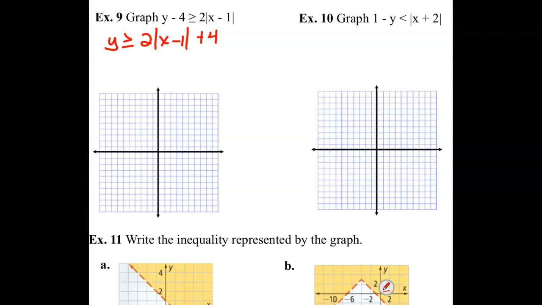All right. Shifting which way? Right 1 and up 4. And we have a slope of 2.